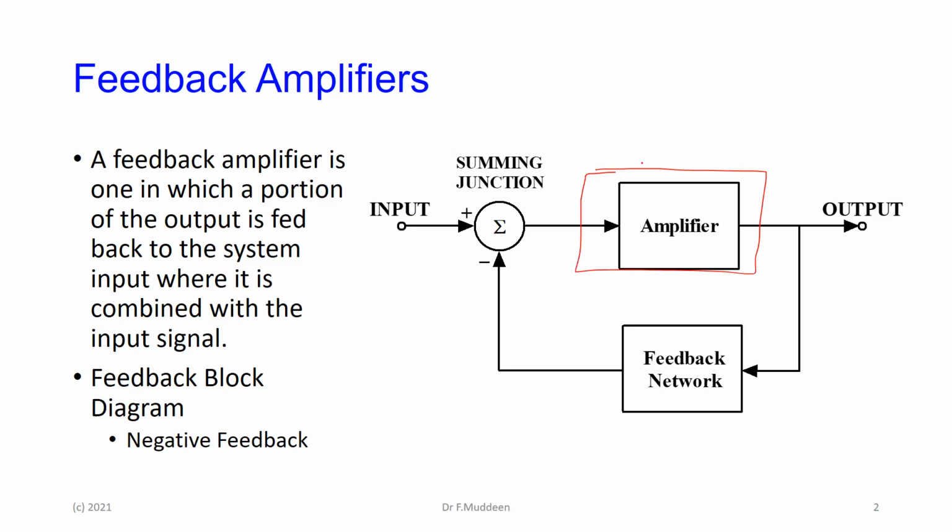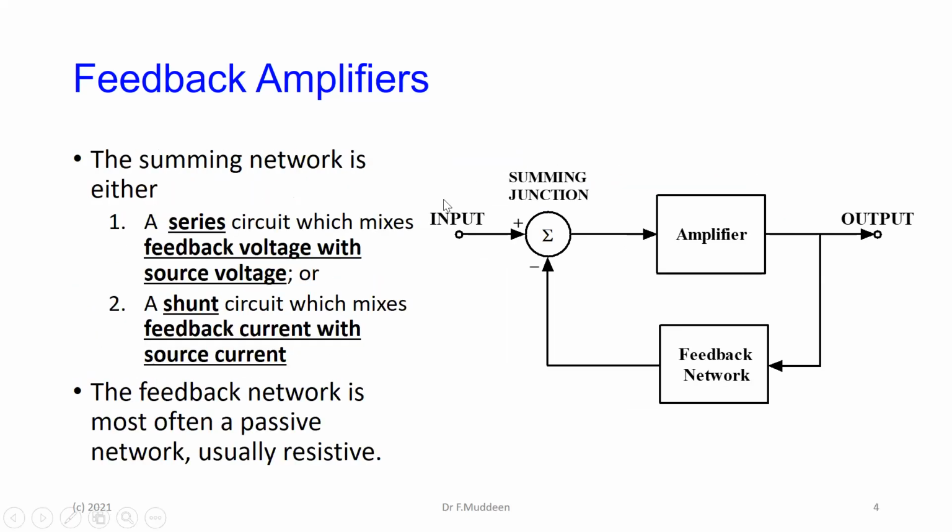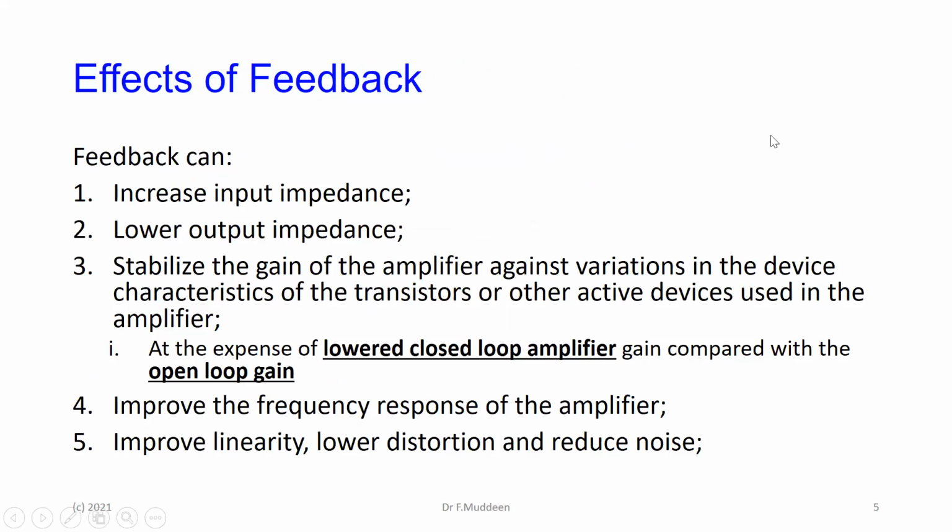It could be op-amps, it could be transistors, and so on. The thing about it is that amplifiers by themselves are susceptible to some issues. Among the issues that you want to have working well with the amplifier are these things.